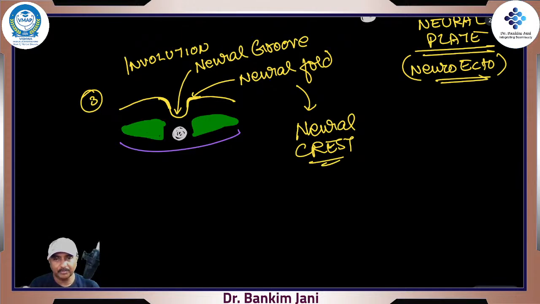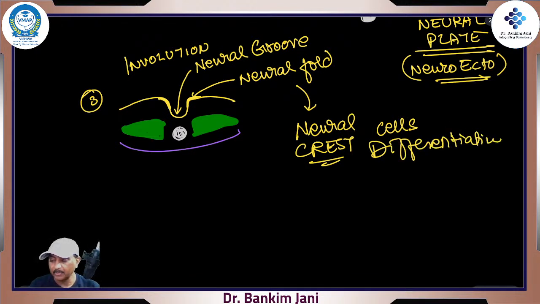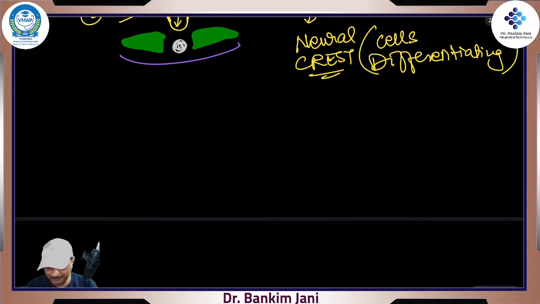Neural crest means what? The cells differentiate. Cells start differentiating, right? These cells will become very special cells because they will be isolated. So how does it occur? It goes like this. This was the edge.